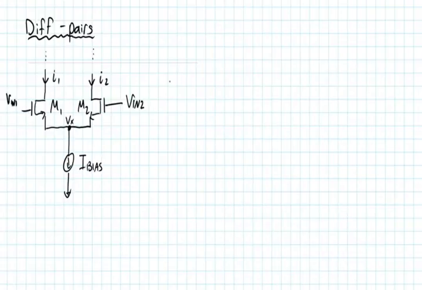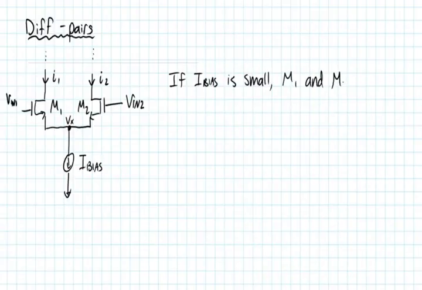Okay, so what we can say then is that if I bias is small, then M1 and M2 are going to be in subthreshold. Now, how small is small? Well, that depends on the size of the transistors and so on and so forth.